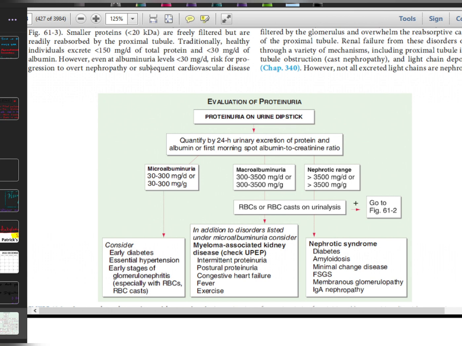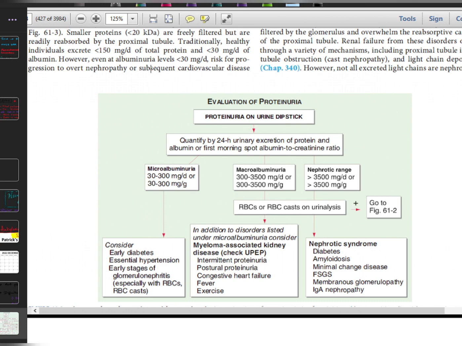One is a 24-hour urine excretion of protein, and calculate it. Or you can do a spot early morning or first morning sample for albumin to creatinine ratio. Based on that, it can be microalbuminuria, when the excretion is 30 to 300 milligram per day, or if the albumin to creatinine ratio is 30 to 300 milligram per gram of creatinine.